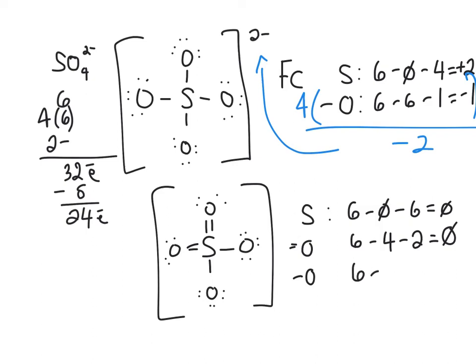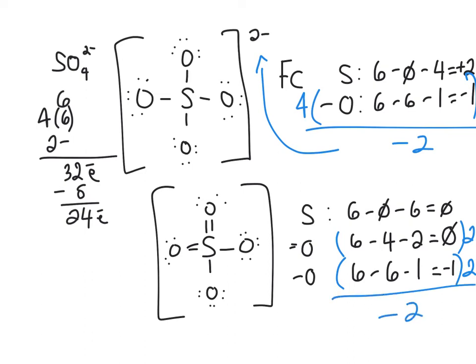Single bonded oxygen, 6 valence electrons, 6 electrons in lone pairs, and 1 bond. And now we have to multiply this by 2 and this by 2 because there's 2 of those atoms present, so it adds up to -2.